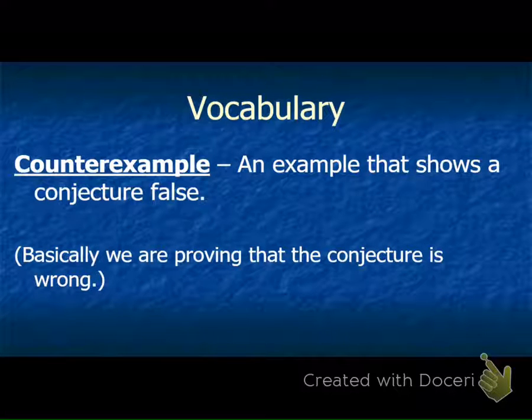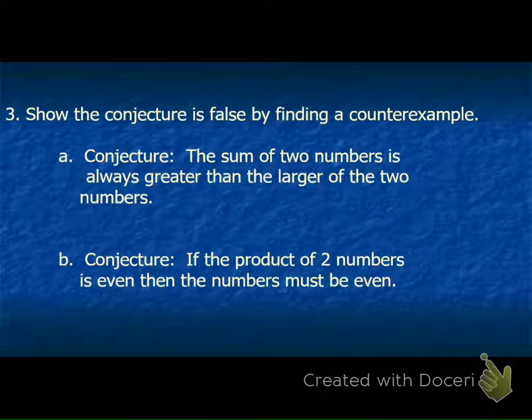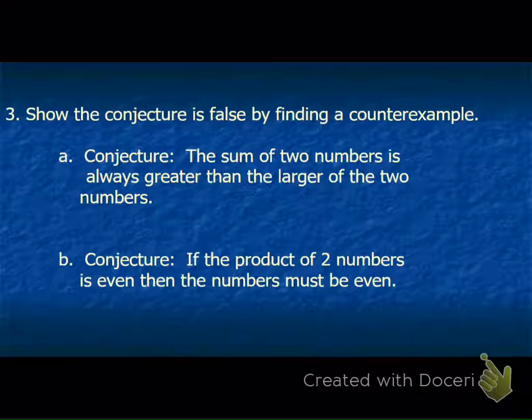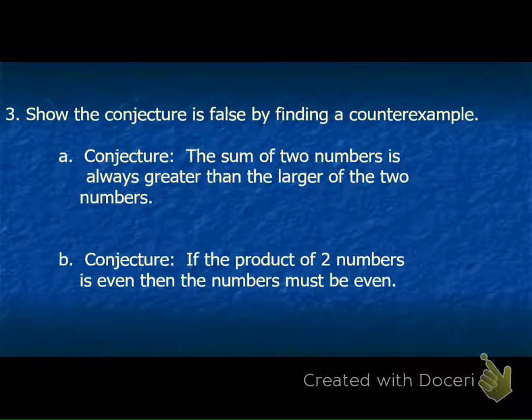Okay, counterexample. It's an example that shows a conjecture is false. So we're proving that the conjecture is wrong. On this, let's look at an example. We're going to look at them with the numbers first. Show that the conjecture is false by finding a counterexample.